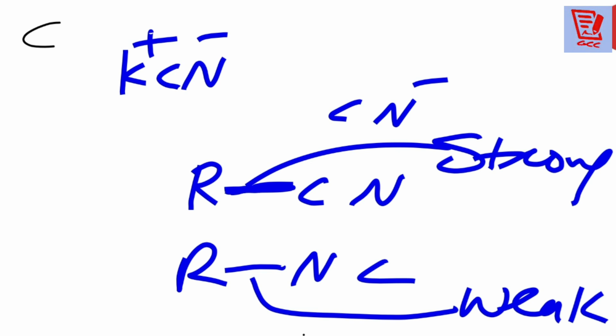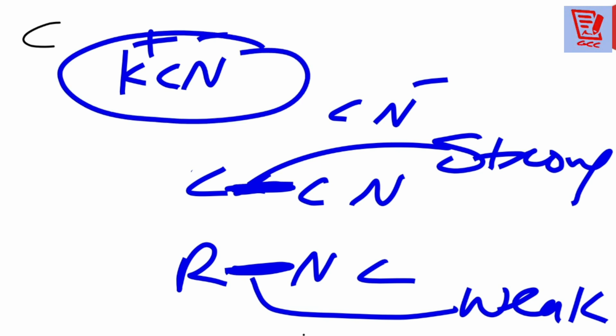Why? R means carbon, so this is a carbon-carbon bond, which is stronger. But here it is the carbon-nitrogen bond, which is weaker, because of the electronegativity difference. So with KCN, we usually prefer to make RCN, not RNC.